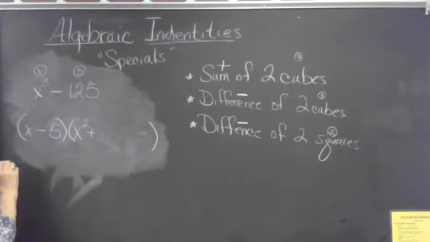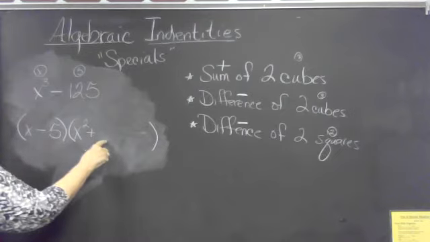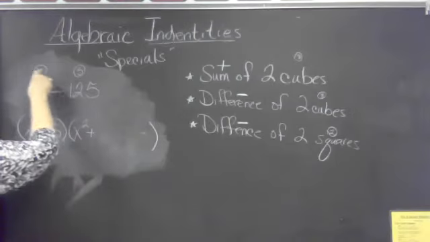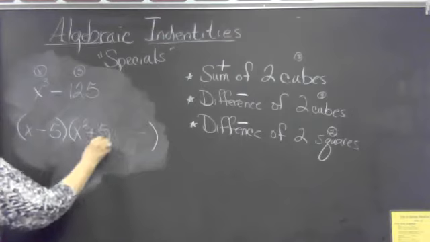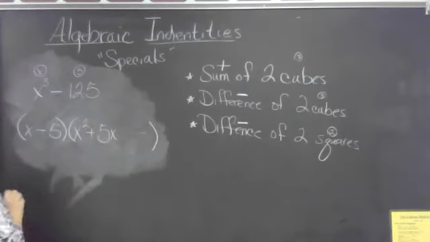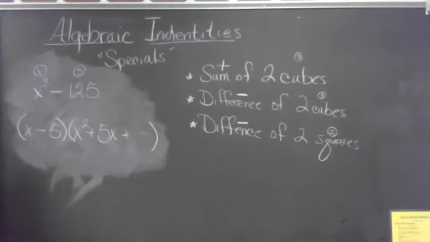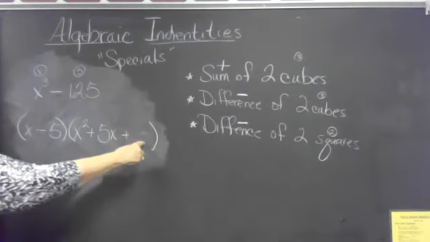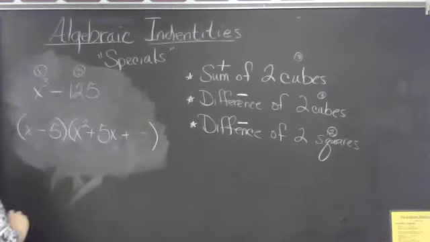I hope you're looking at the pattern. And then the second term in this long parenthesis says you need to multiply the first and second together. 5x. And then a plus sign, because that's what the pattern says. And then back here it says take the second one and square it.